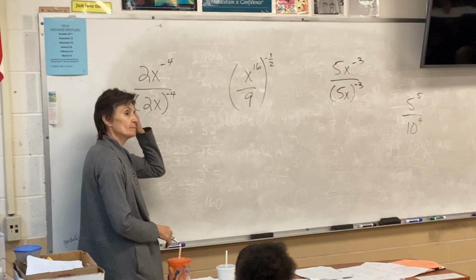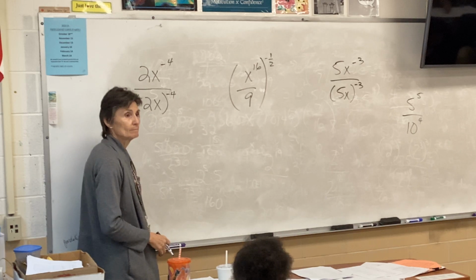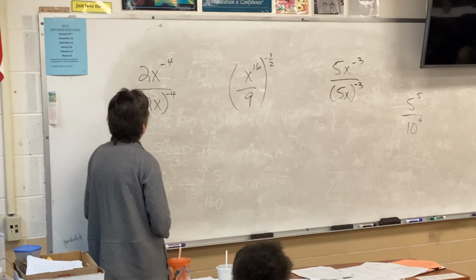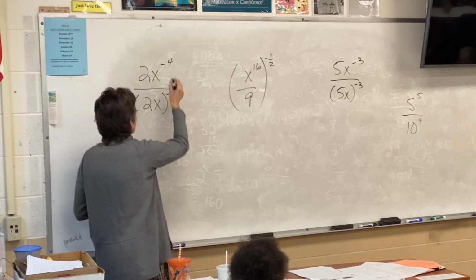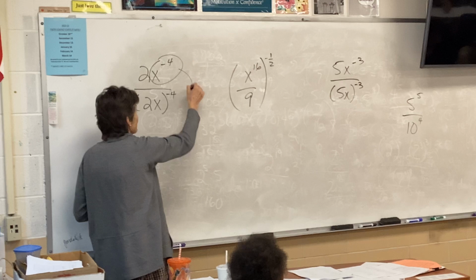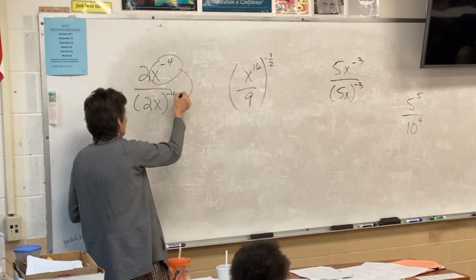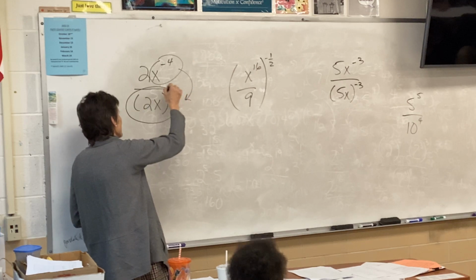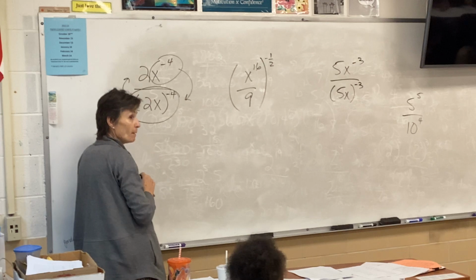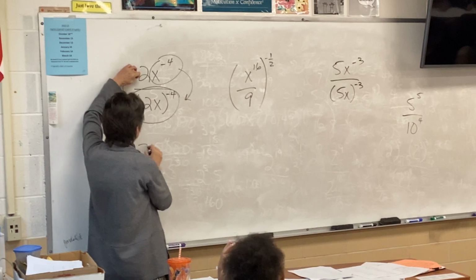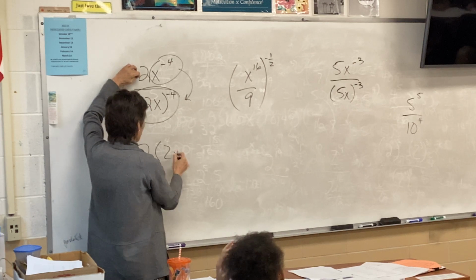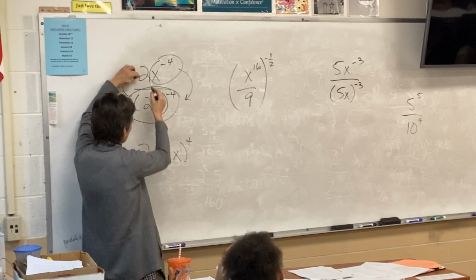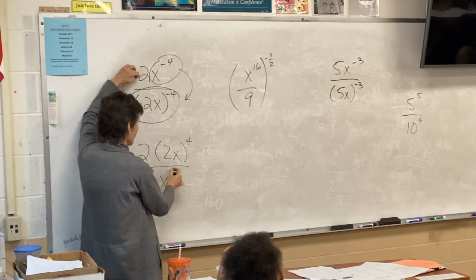What's going to happen here? Nyla? It's going to be 2 times 2x to the 4th over x to the 4th. So this guy is going to come down, but this whole shebang is going to go up. So she said 2, and then 2x to the 4th, because that came up, over x to the fourth.